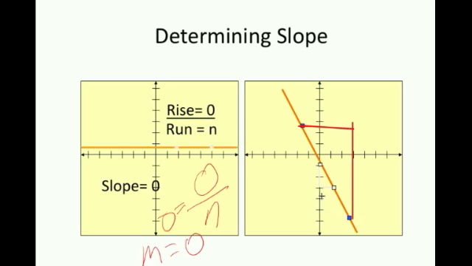The rise is 1, 2, 3, 4, 5, 6, 7, 8, and the run is 1, 2, 3, 4. It's a negative 8 because we fell down, over 4, which can be reduced to negative 2 over 1.